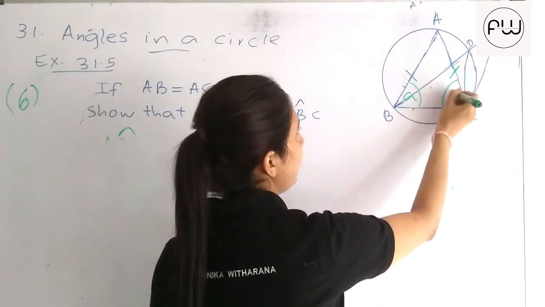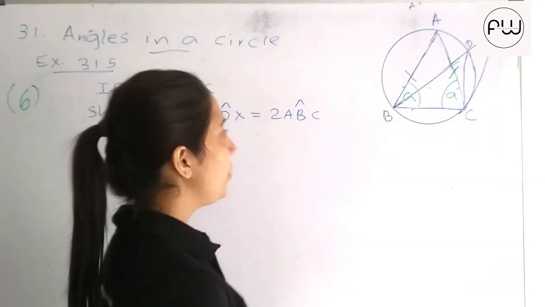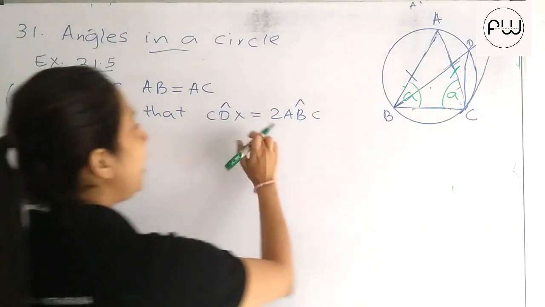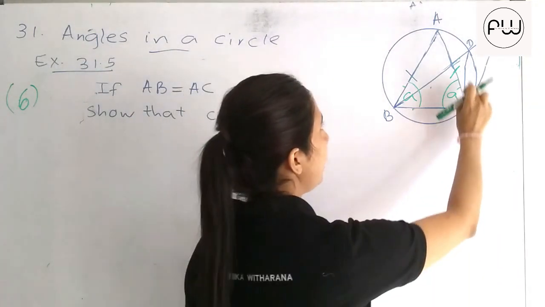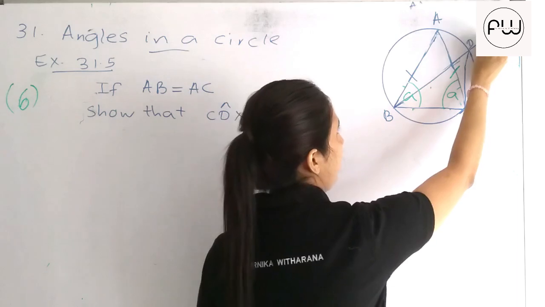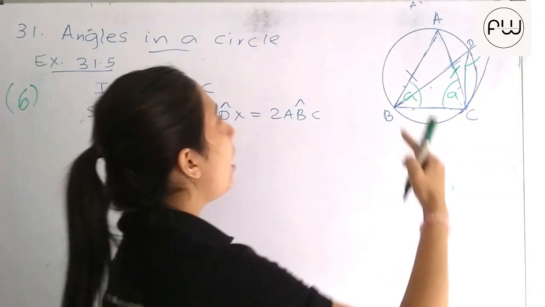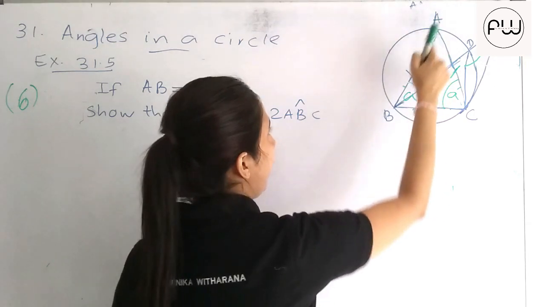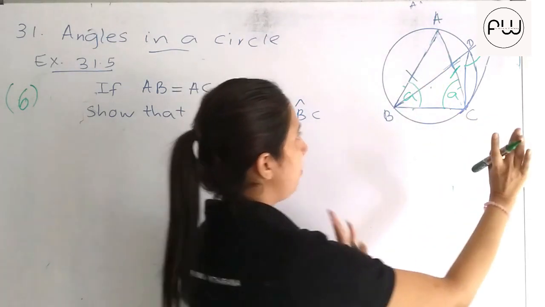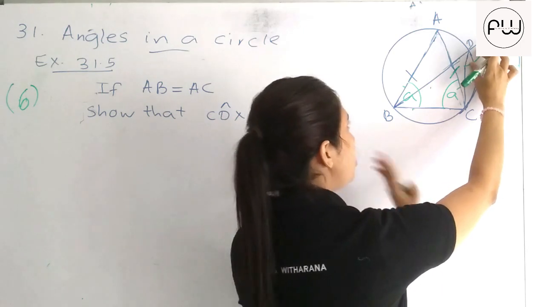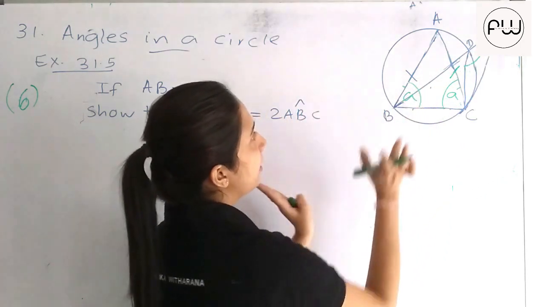I put A here, then this one should also be A. Now let's see what we have to prove. Show that angle CDX equals 2 times angle ABC.